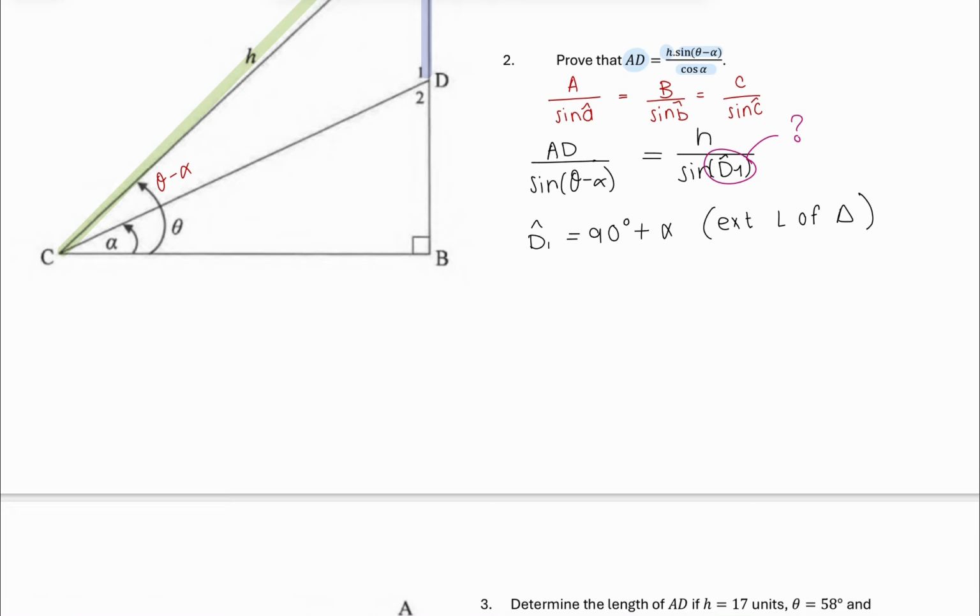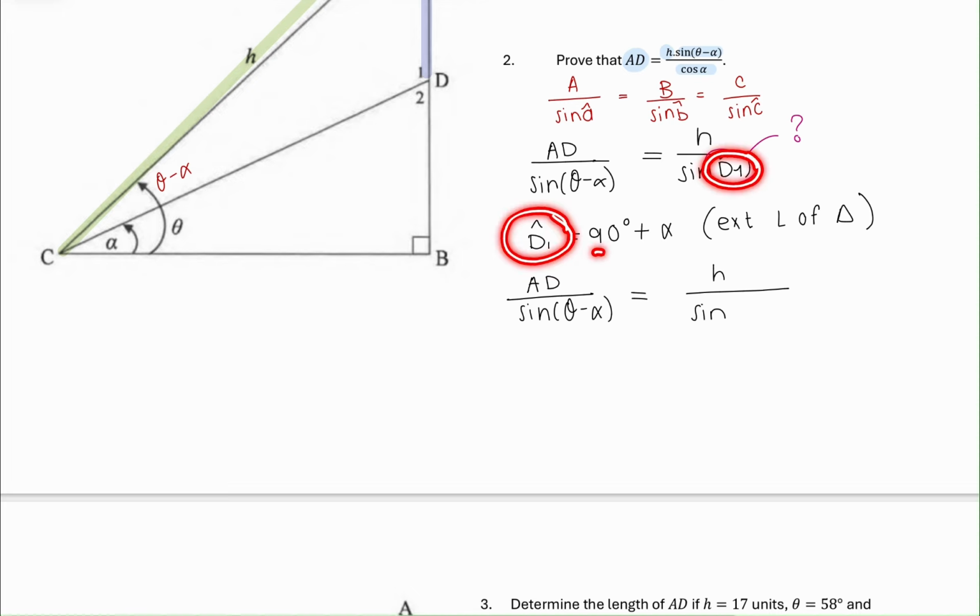So now we're going to say that AD over sine theta minus alpha is the same as H over sine of D1. Now I have my D1 value, so now I just sub it in, 90 plus alpha.